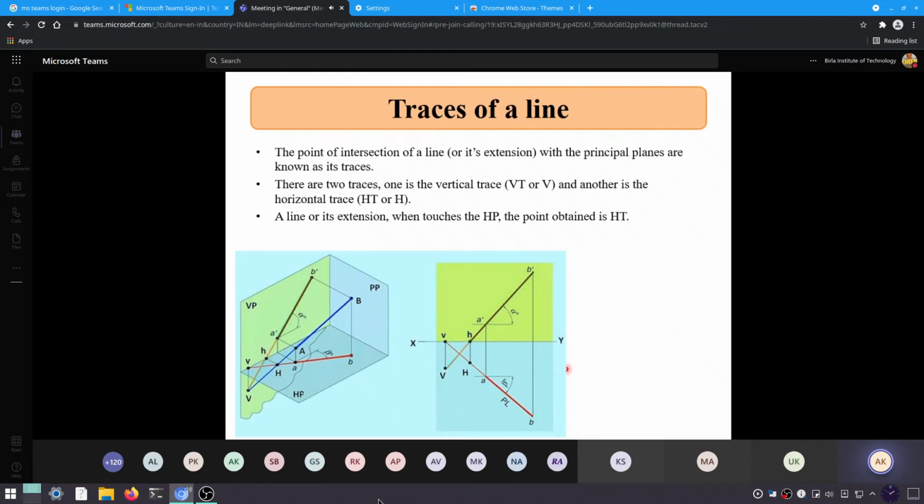Both of them are joined with the help of a straight line perpendicular to XY.